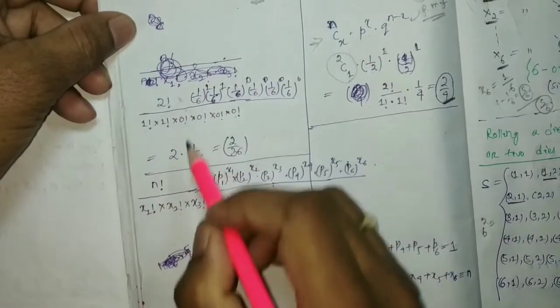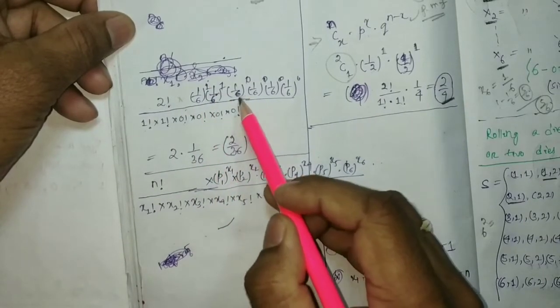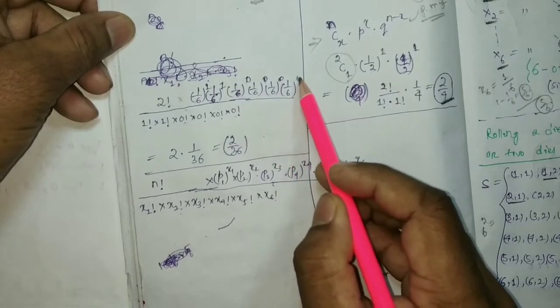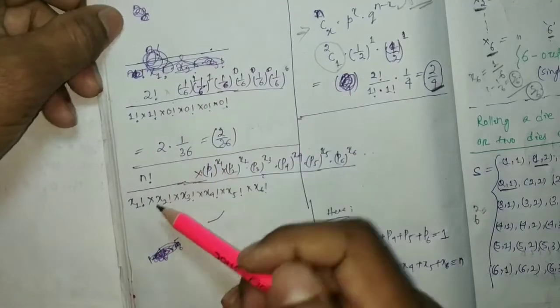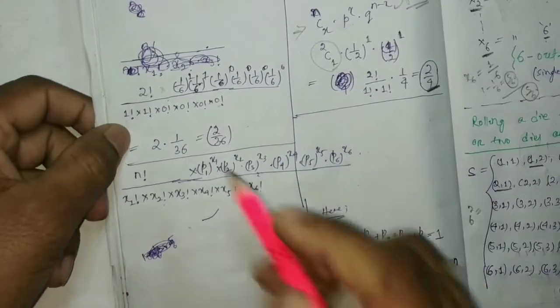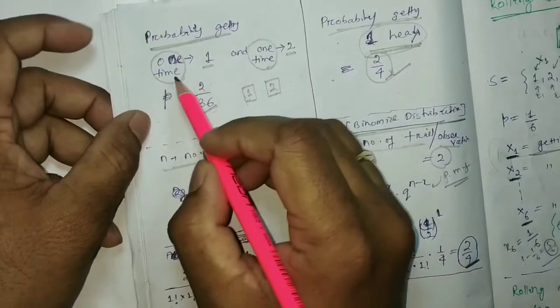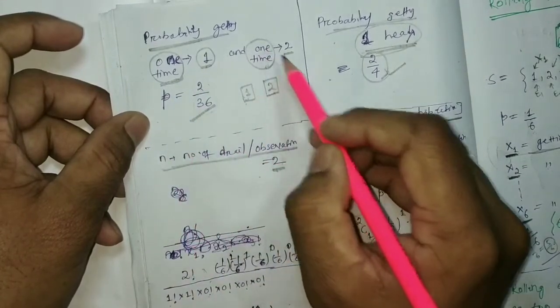In the numerator you can see 1 by 6 to the power 1, 1 by 6 to the power 1, and 1 by 6 to the power 0 for the rest. I have written what this means, you just see. Here what we want in the problem is 1 time 1 coming up and 1 time 2 coming up.